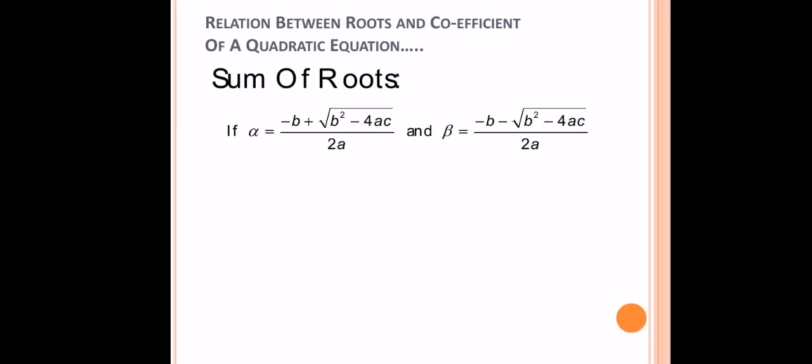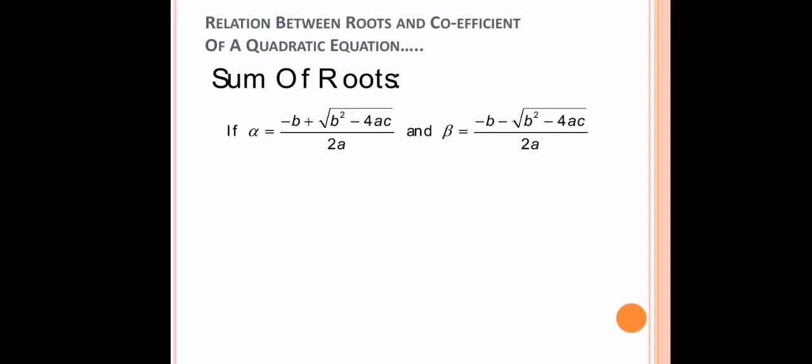And in order to differentiate between the two roots, we are going to use two different letters, that is alpha and beta. So at first we just took x is equal to minus b plus minus under root b square minus 4ac divided by 2a, and then we separated them. Now we are going to take the two roots of the standard form of a quadratic equation.